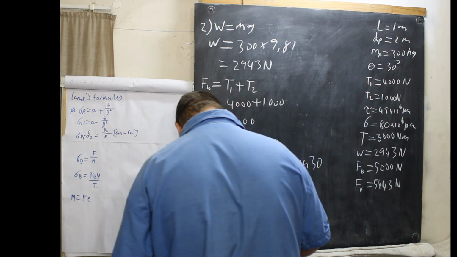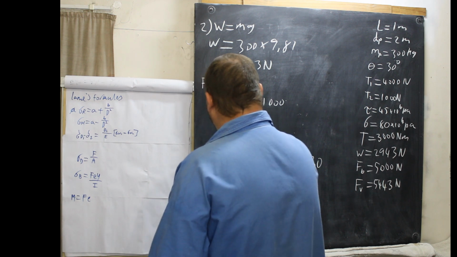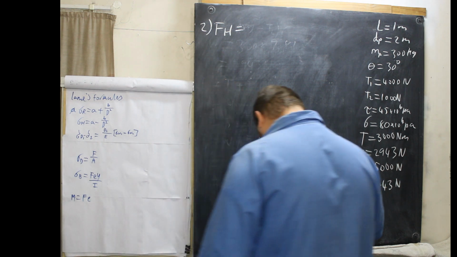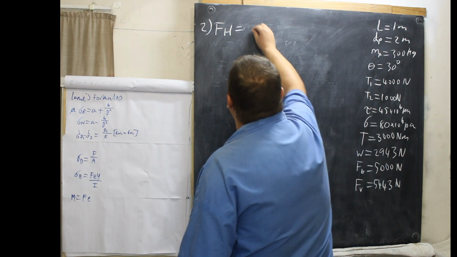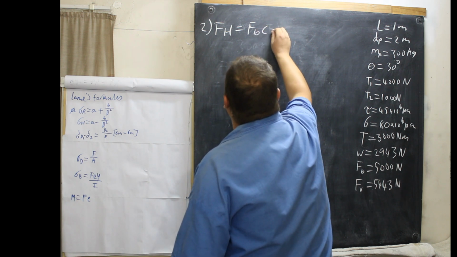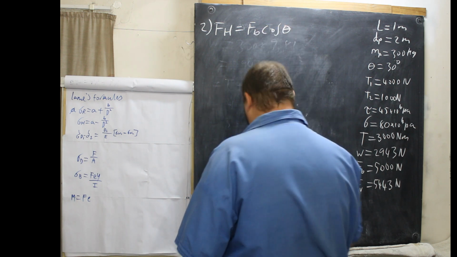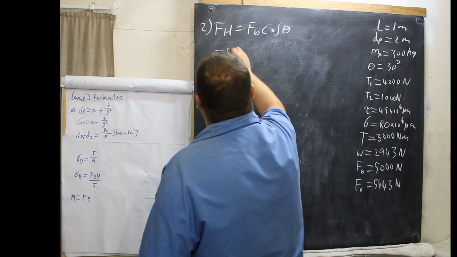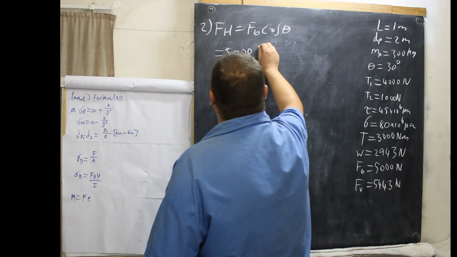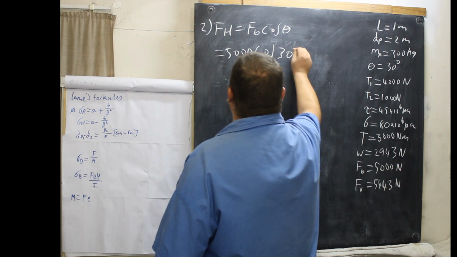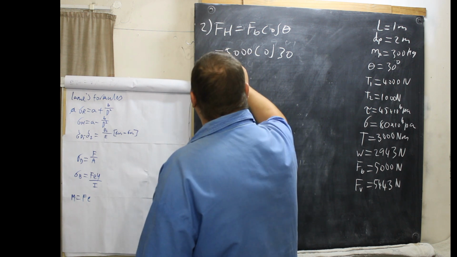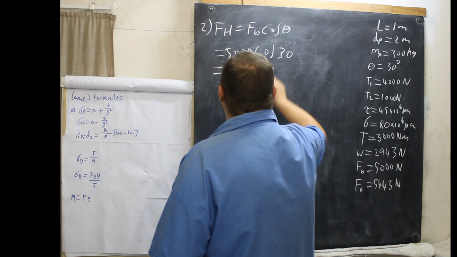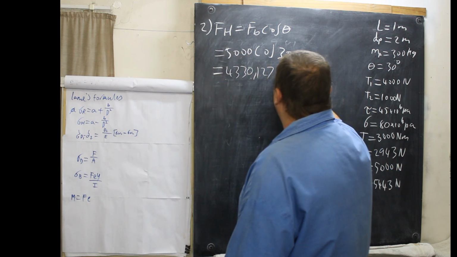Now what we're going to do is FH. FH is FB cos theta. So this is 5,000 cos 30, and that equals 4,330,127 newtons.